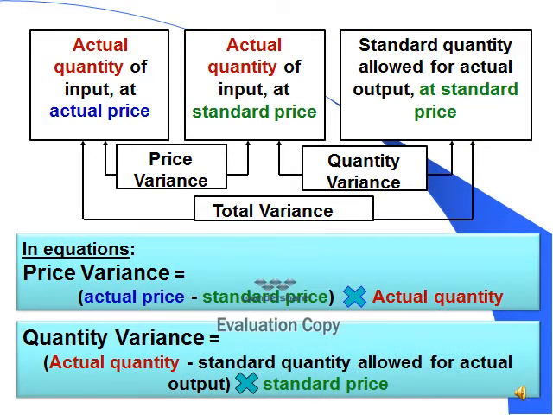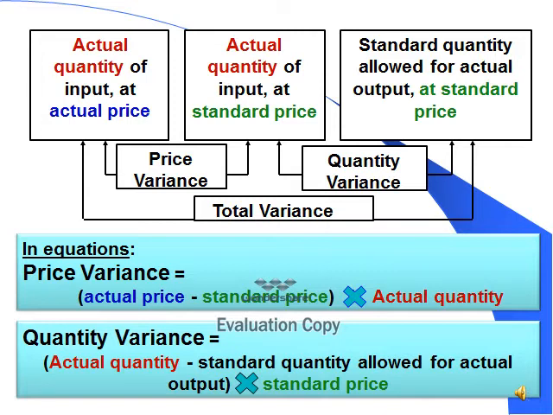You can make variance analysis for direct material using a performance report or in equations. From the performance report, price variance equals actual quantity of inputs at actual price minus actual quantity of inputs at standard price. So actual quantity here is a common factor: actual quantity times actual price minus standard price equals price variance.